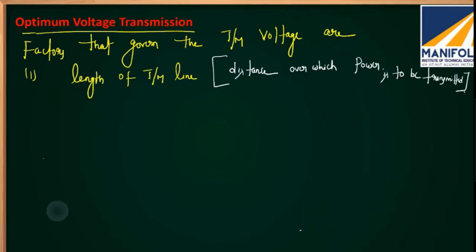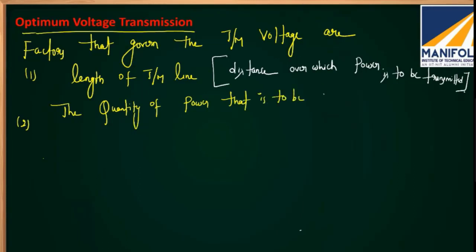The second factor is the quantity of power that is to be transmitted. So depending upon the distance and the quantity of power that you want to transmit, you will decide the transmission voltage.